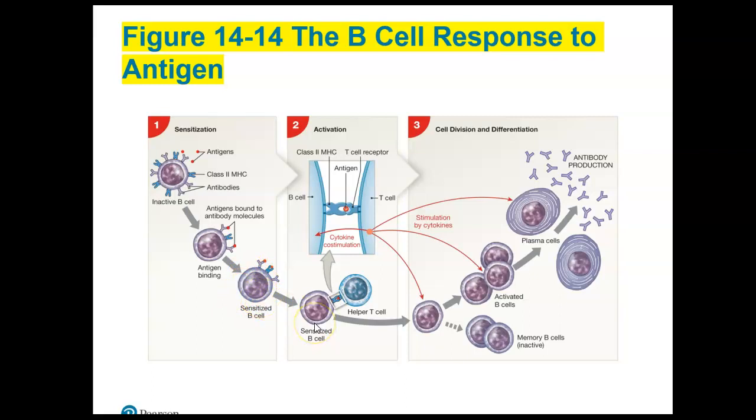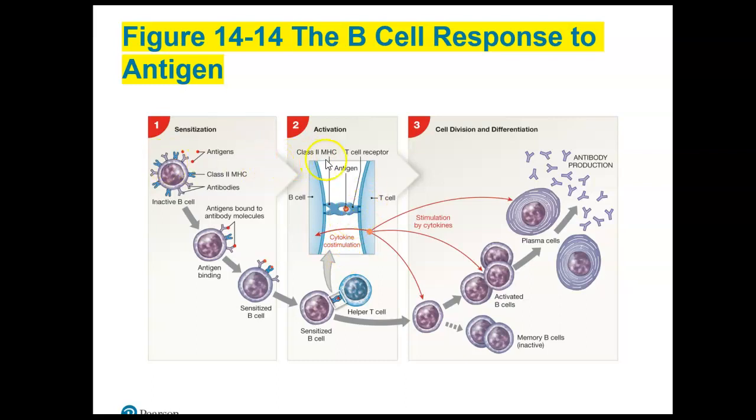The next thing is the sensitized B cell has to be activated by its interaction with a helper T cell. So you can see where it's blown up here, the class 2 protein on the B cell with the antigen attached also binds with the T cell receptor, which is not on here, so ask yourself, is it CD4 or CD8?